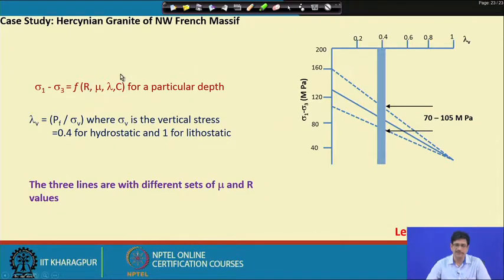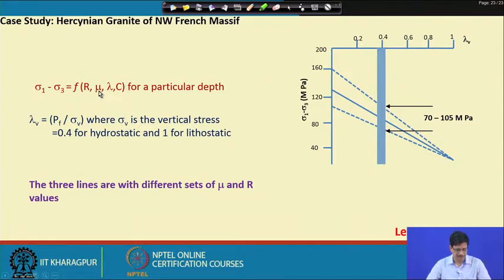That happens to be a function of parameters such as this ratio, which is essentially the ratio of sigma 2 minus sigma 3 divided by sigma 1 minus sigma 3, and that ratio, as I mentioned before, could be calculated from the stress analysis data.